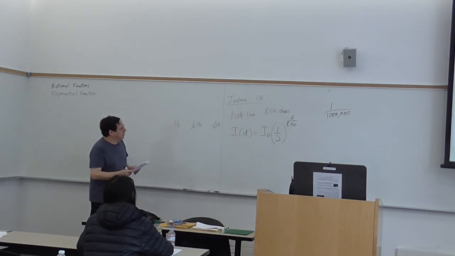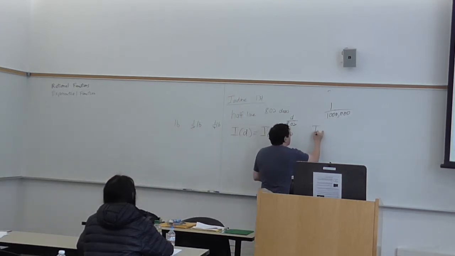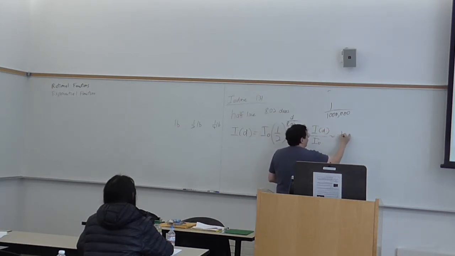Okay, so how would we figure that out? Well, I of D over I naught, I want to be about 1/1,000,000th. All right?